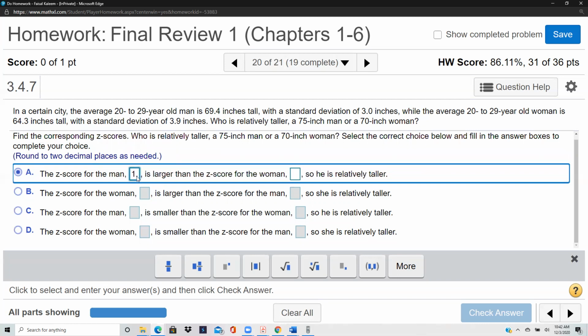So that'd be 1.87. And what is it for the woman? 70 minus 63.4 is 5.7 divided by 3.9. 1.48.